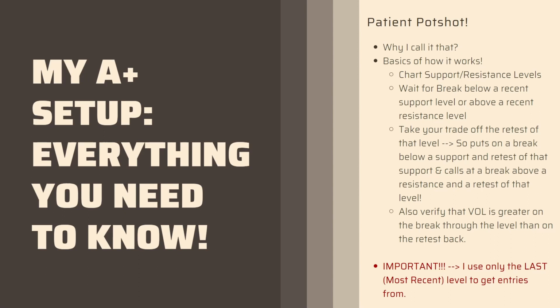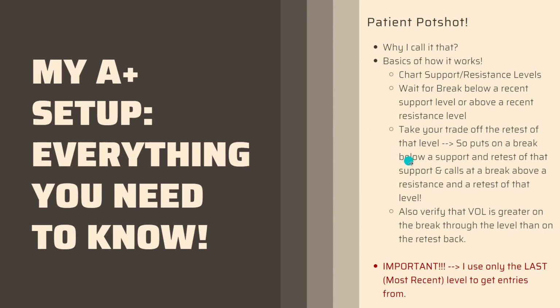So the basics of how it works, I will go on the chart later on and discuss it in more detail. But basically, you chart your support and resistance levels. Now, if you don't know how to chart support and resistance levels the way that I do, and you will not know how to do that unless you watched my previous video in this mentorship guide, or all my other videos and my daily recaps, I chart my support and resistance levels at the bodies and the wicks where most of the time the price has changed direction.